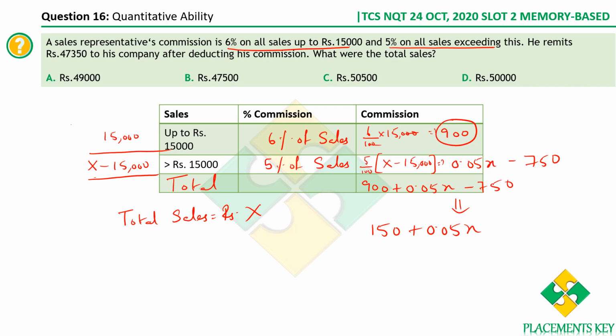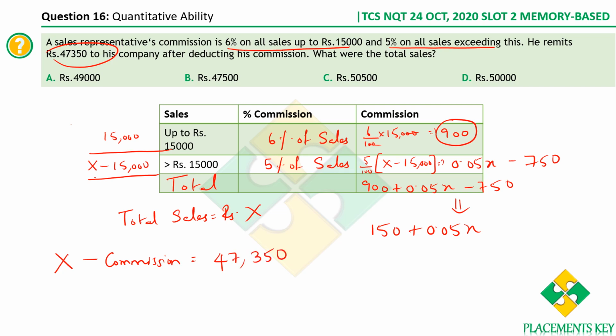Now it's also given that he is remitting 47,350 to his company after deducting his commission. The total sales is X; from there he subtracts his commission and returns 47,350 to the company.